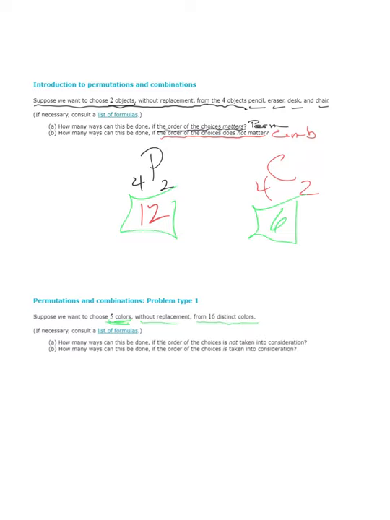Okay, so if the order doesn't matter, that is a combination. So we'd have something like this. Given 16 things, you want to choose 5 of them, plug that in my calculator, boom, pop out an answer. If the order of the choices is taken into consideration, if the order does matter, that's a permutation. All right, I'm going to plug that into my calculator, boom, pop out an answer.